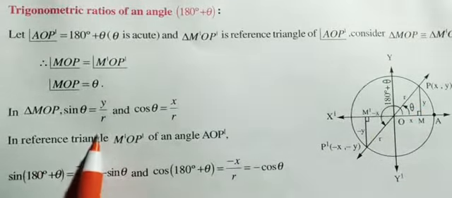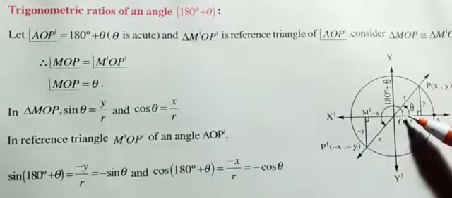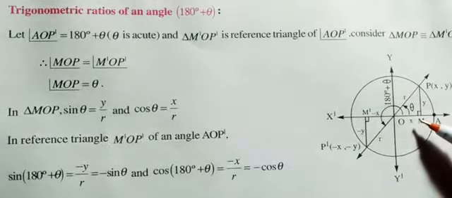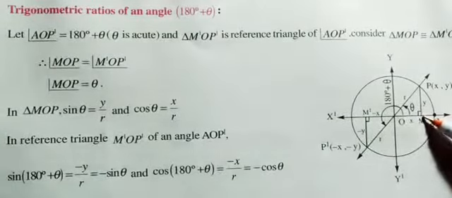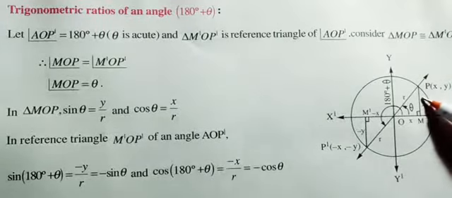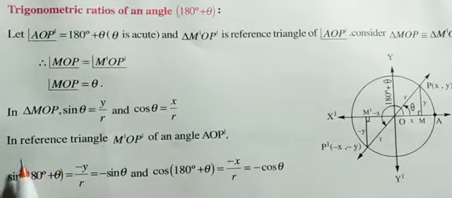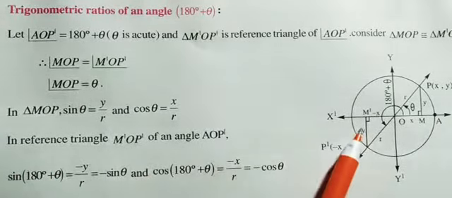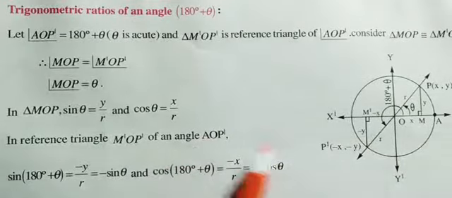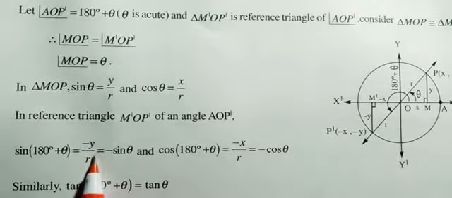Sin theta is equal to y by r. To compute all the formulas we have to take one standard triangle where the base is x and hypotenuse is r, that is root over x square plus y square, and height is y. Understood? Here in reference triangle M dash OP dash of an angle AOP dash, sin 180 plus theta is equal to minus y by r.